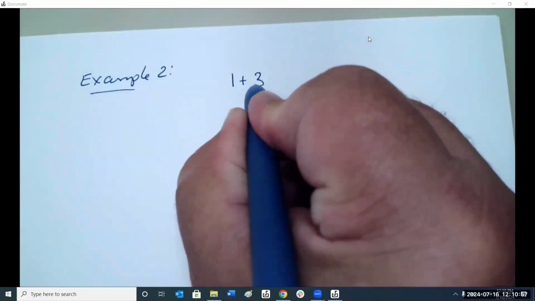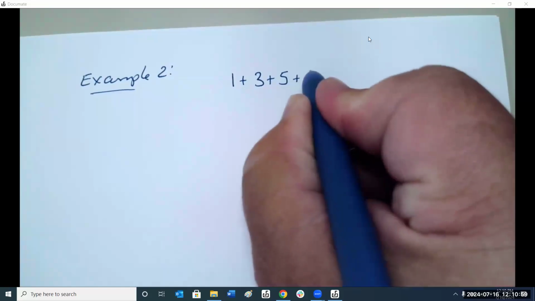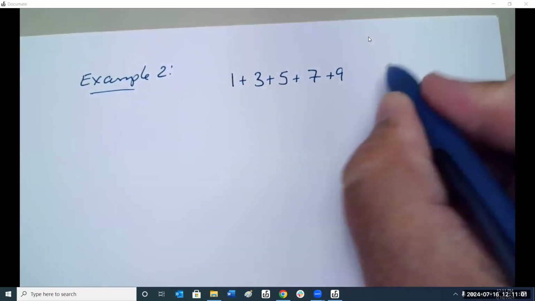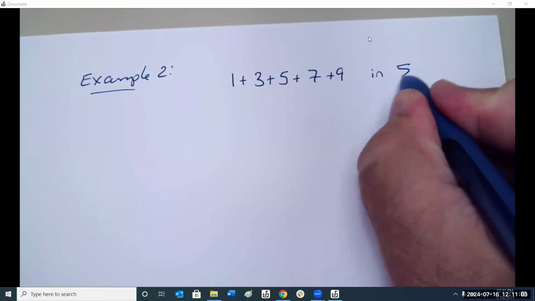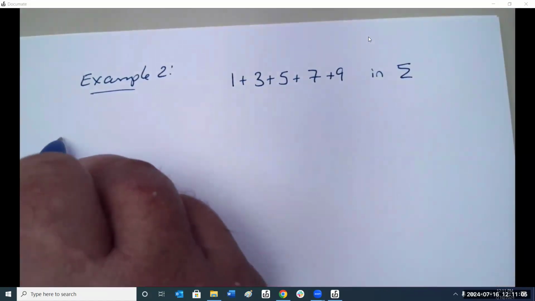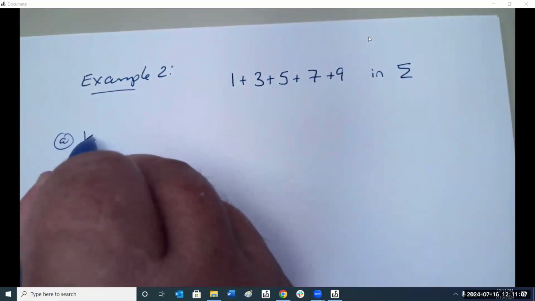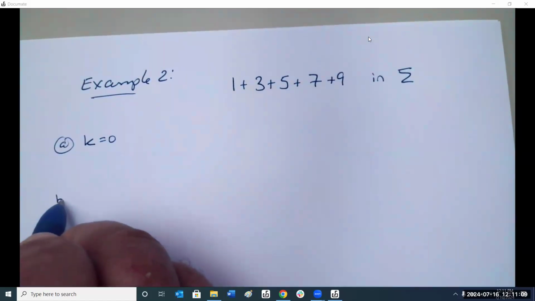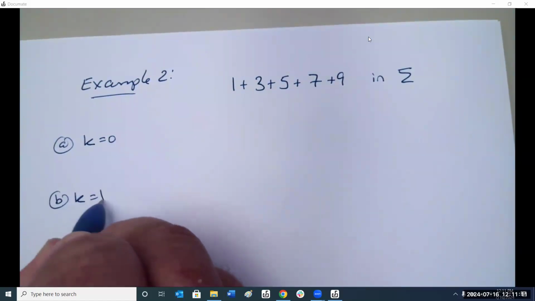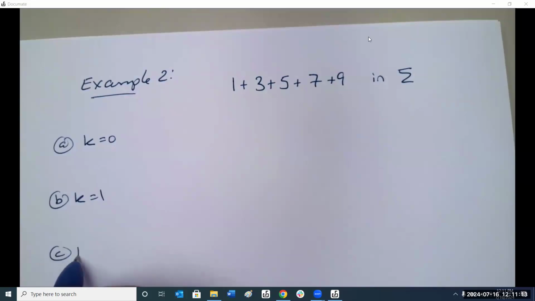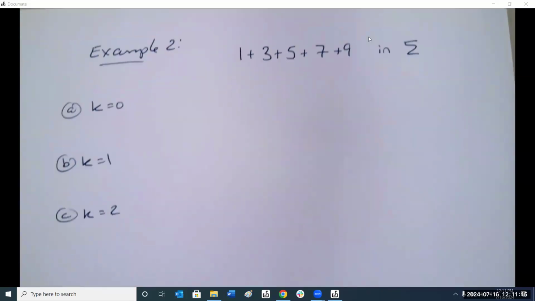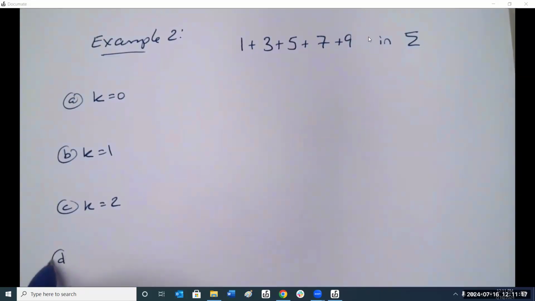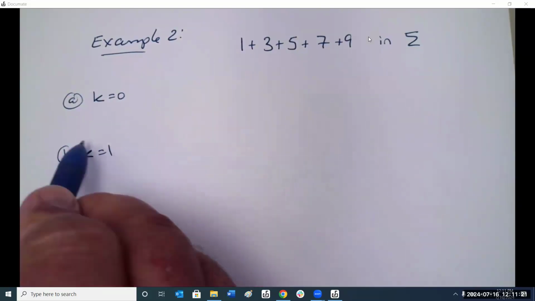Write 1 plus 3 plus 5 plus 7 plus 9 in sigma notation, starting at k equals 0, k equals 1, k equals 2, and k equals -3.